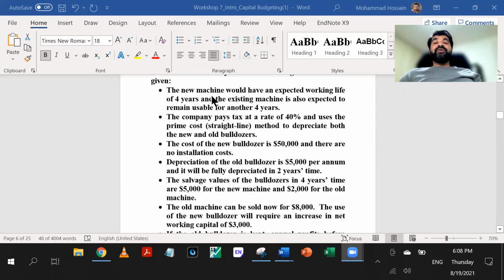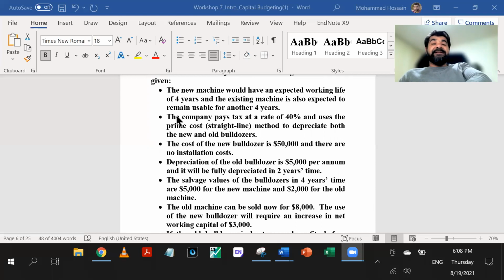The new machine would have an expected working life of 4 years, and the existing machine is also expected to remain usable for another 4 years. So the timeline is the same.